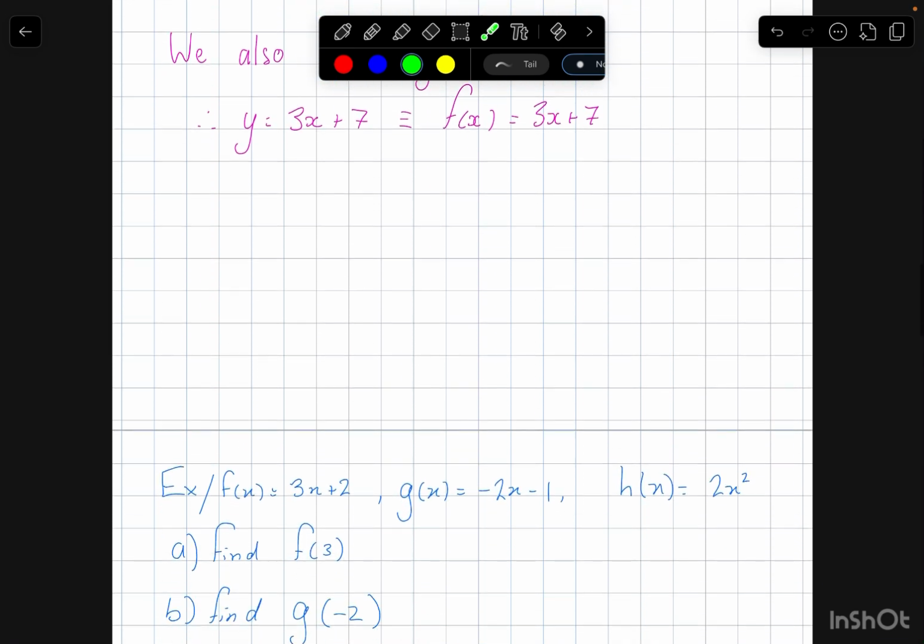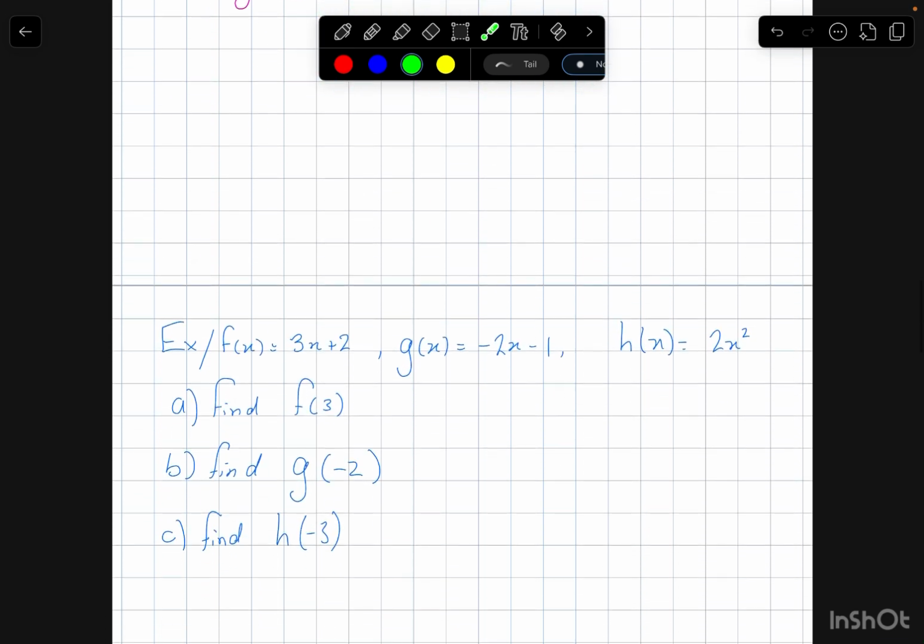If we come down here, we can see we've got 3 different functions, and like I said, we're going to practice using different letters. I have f of x equals 3x plus 2, g of x equals negative 2x take 1, and h of x equals 2x squared. What we're going to do is choose specific x values and substitute them into our functions.